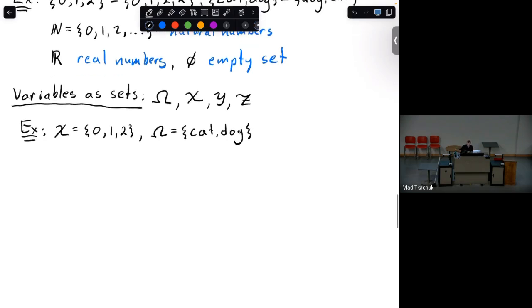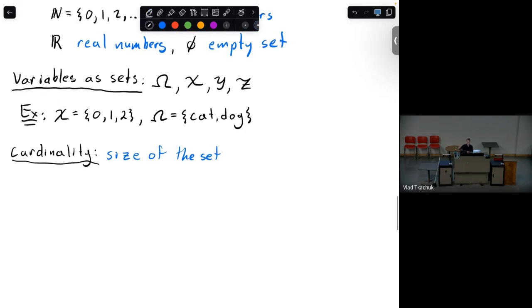Now, there's another operation called cardinality. And the cardinality is just the size of the set. The way we denote this is with these two bars, and I'll show some examples.